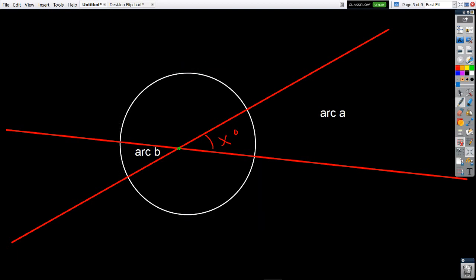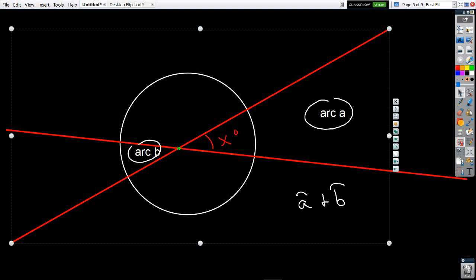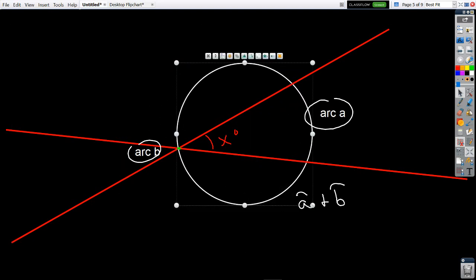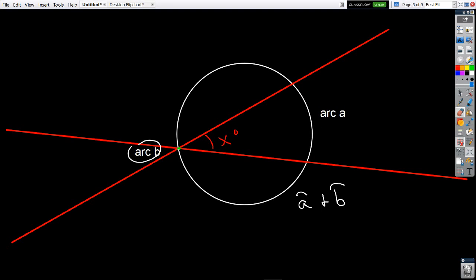I'm going to add arc A and arc B together, those measures of those arcs, what that does is basically almost exactly like saying, I'm just going to move the circle so that the point of intersection is actually on the circumference of the circle. And again, we remember in this case that x, the angle x, is exactly half of its arc A. So we would just divide by 2.